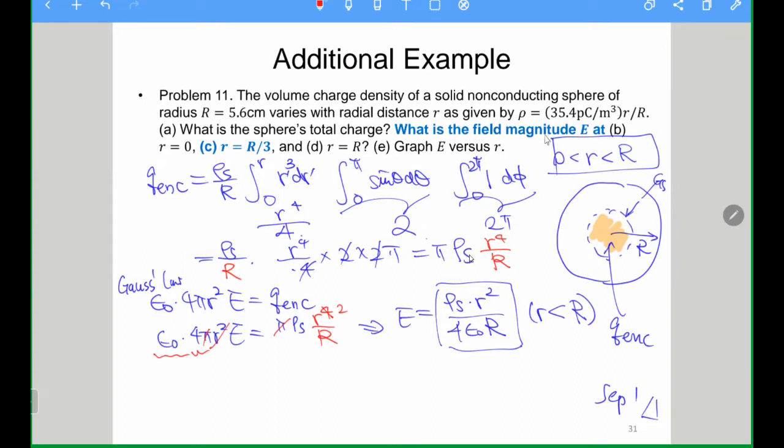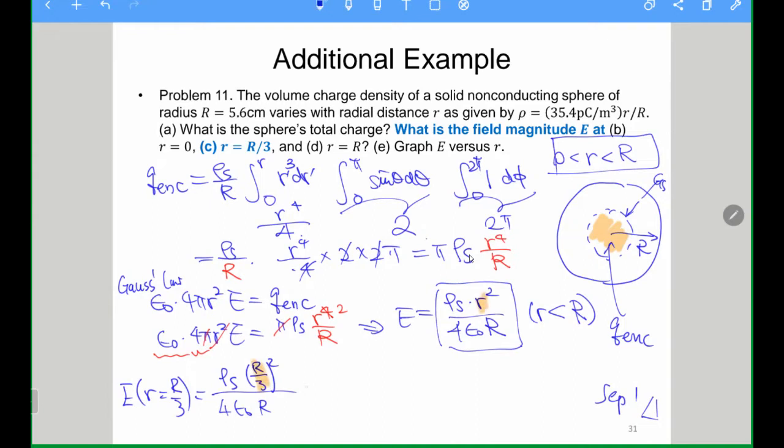the E field magnitude when r is equal to capital R over 3. So we can just plug in r equals capital R over 3. Which means that we have rho s and then r squared, so we have capital R over 3 squared, all over 4 epsilon naught times capital R. So we just substitute capital R over 3 to here.